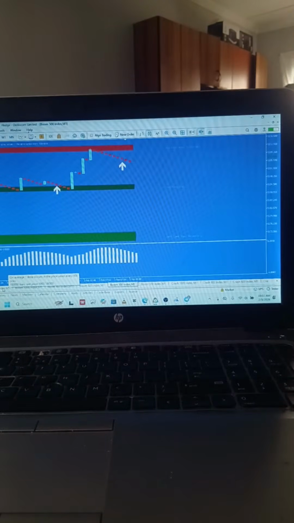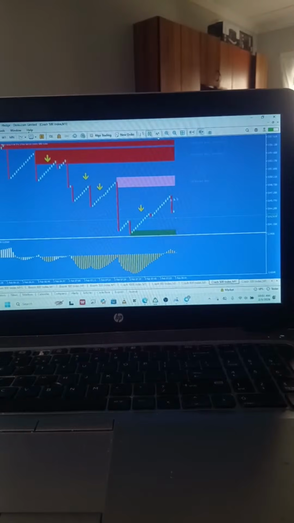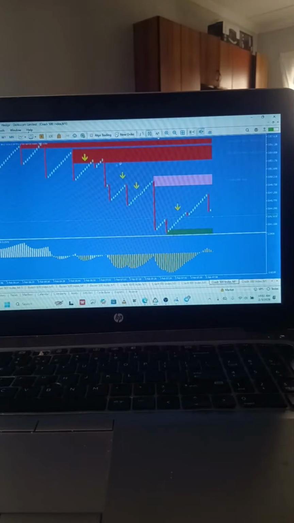Let's go and look at Crash 500. Okay, some very good setups here in Crash 500. You can see how accurate this is. It's non-repainting. Once it paints a signal on the chart, it will not repaint.